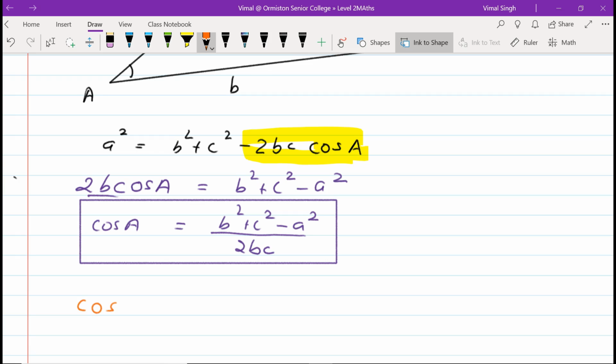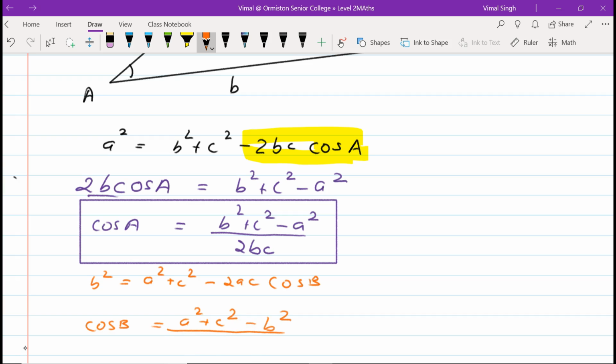So cos B is equal to... remember your formula is going to be b squared is equal to a squared plus c squared minus 2ac cos of B. So you want to write cos of B, so cos B is going to be a squared plus c squared minus b squared divided by 2ac.